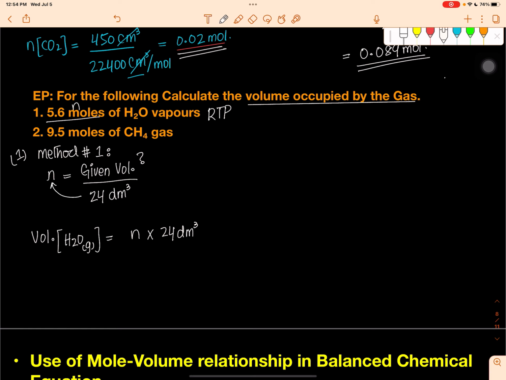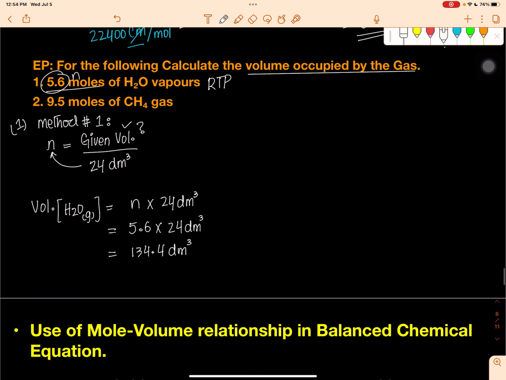We are making this the subject. The number of moles we are provided with is 5.6. So 5.6 times 24 dm cube. What do we get? We get 134.4 dm cube. Now if in the next part the examiner asks us to find the volume in cm cube, then we know that 1 dm cube is equal to 1000 cm cube.